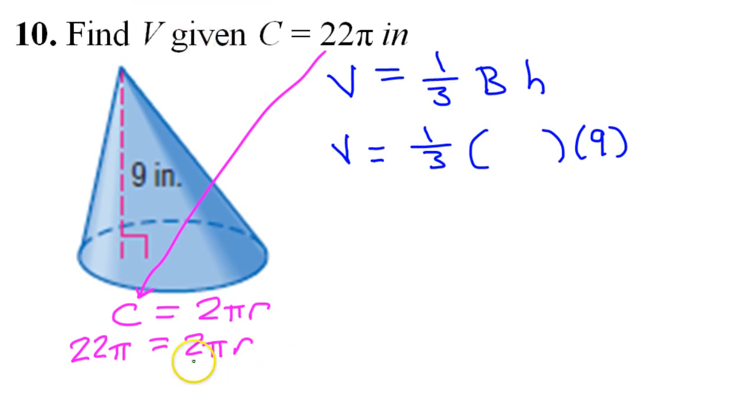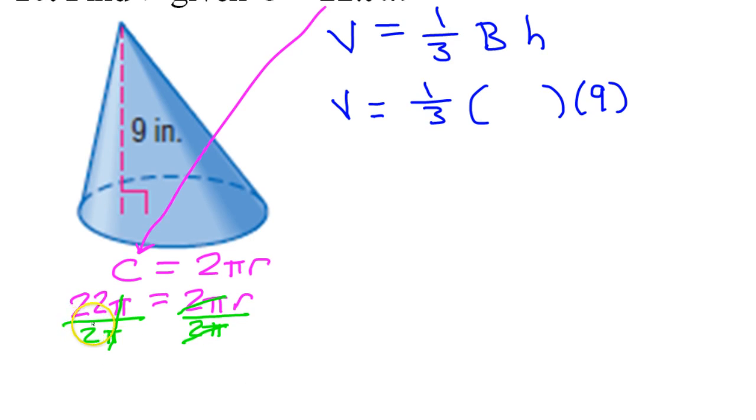Alright, so we could find this radius by dividing both sides by 2 pi. Okay, so the 2 pi cancels out. On the left side, the pi cancels out. And of course, 22 divided by 2 is 11. Alright, so that gives us the radius.